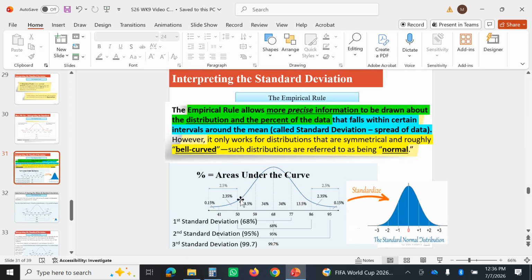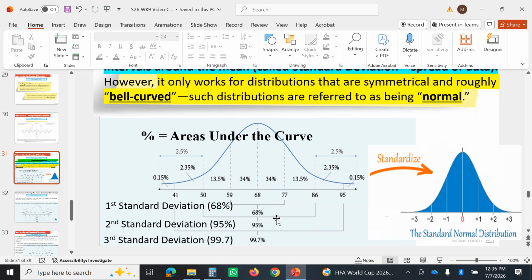Now have a look at this graph right here. It has a mean of 68, with a standard deviation of 9. So I add 9, add 9, add 9, and there's my first, second, third standard deviation.